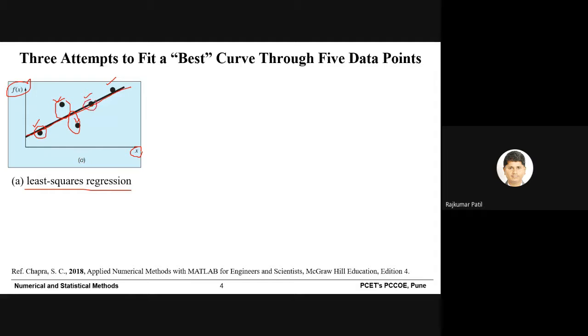We take that care and draw the straight line. This method is called least square regression, and this line will have some equation, let's say y is equal to mx plus c, or a plus bx.